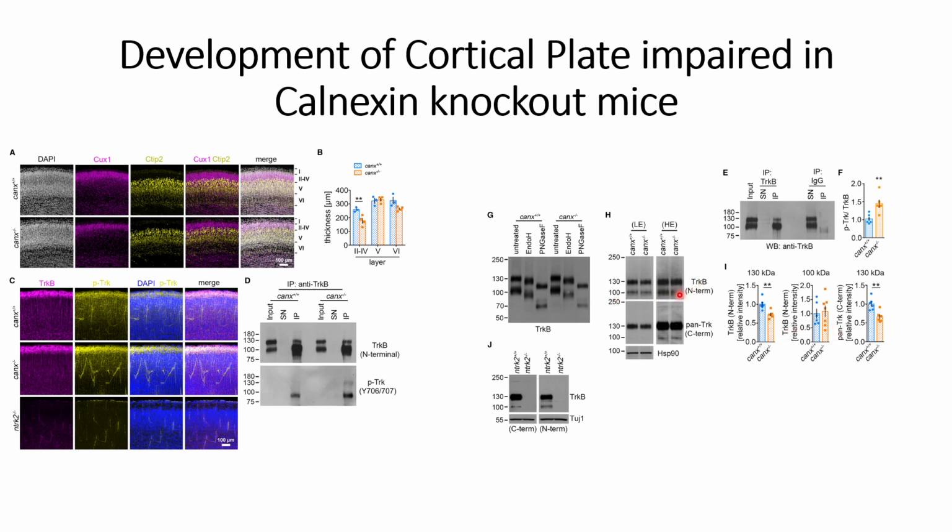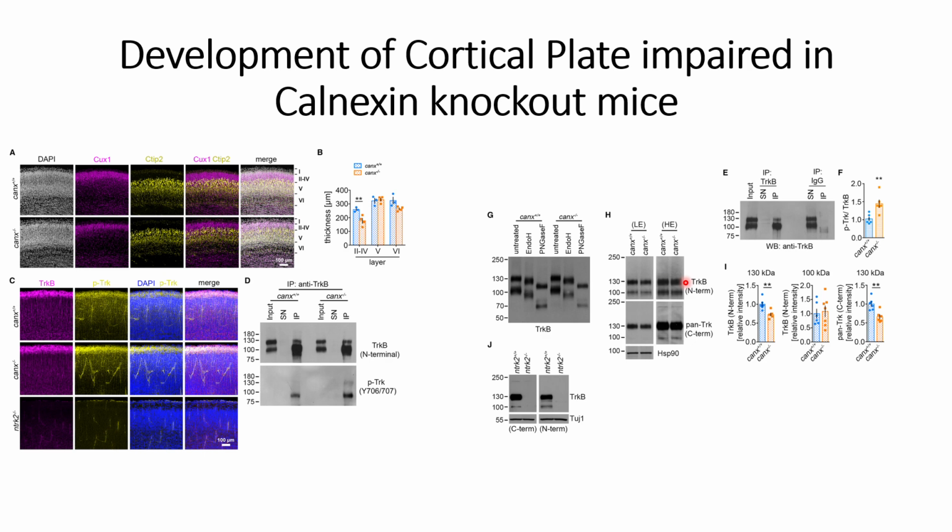So let me correct myself: for 100 kilodaltons, since it represents the phosphorylated TRKB, they cannot see significant changes. However, for 130 kilodaltons, that is cell surface TRKB, they can see the significant changes.